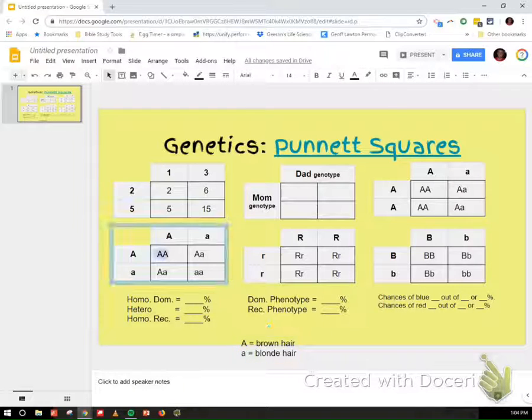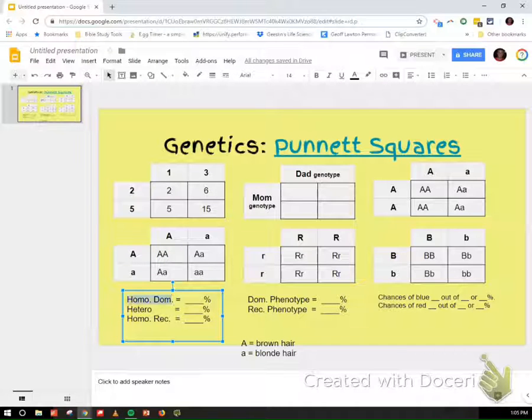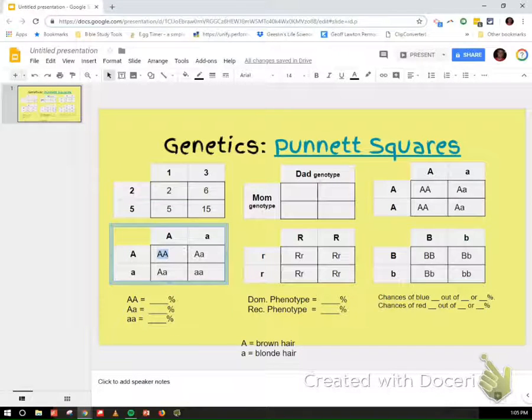So if I were to look at this, we can change these words from what we've learned in class. We can change homozygous dominant to big A if we needed to, heterozygous would be big A, little a, and homozygous recessive would be little a, little a. So if we were to ask what the percentage of these were, what is the percentage of big A?